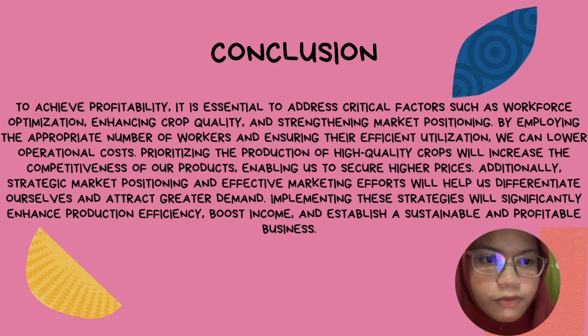Prioritizing the production of high-quality crops will increase the competitiveness of our products, enabling us to secure higher prices. Additionally, strategic market positioning and effective marketing efforts will help us differentiate ourselves and attract greater demand. Implementing these strategies will significantly enhance production efficiency, boost income, and establish a sustainable and profitable business.